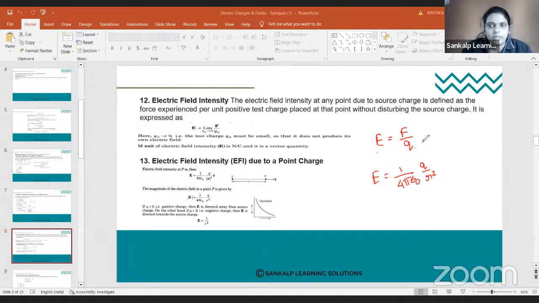So one formula comes as force by charge, and the other as 1/4 pi epsilon naught q by r square. Which one to use where, I'll tell you while solving the numericals. 1/4 pi epsilon naught everyone knows, it is 9 into 10 raised to 9. Okay.